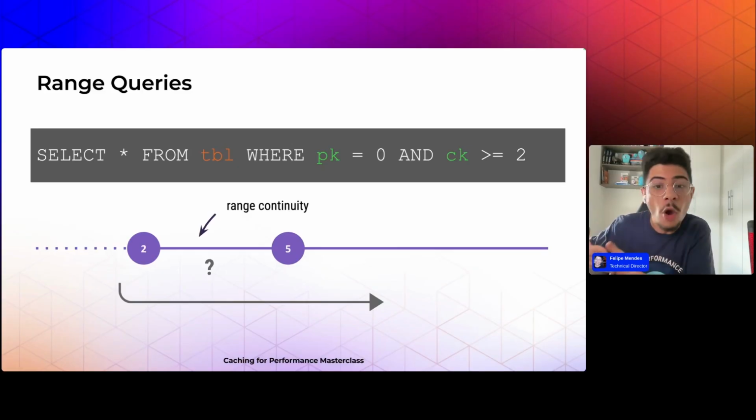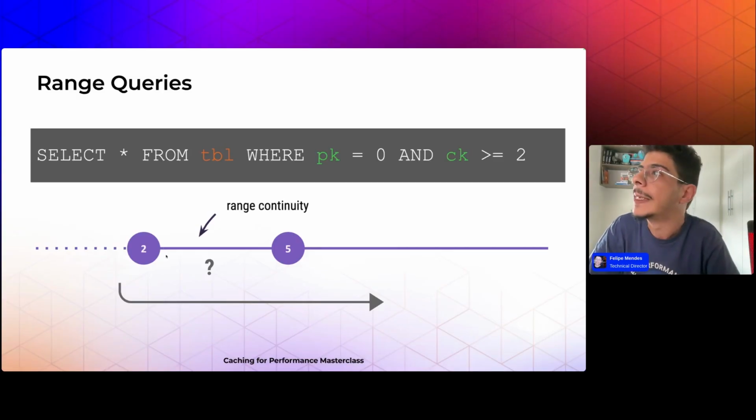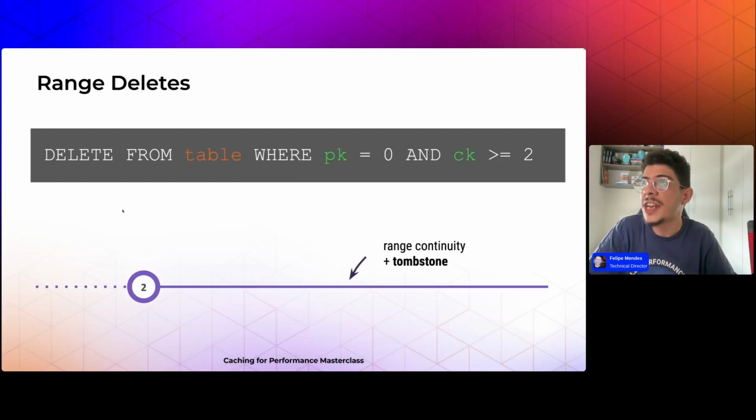If the range is incomplete, then we inevitably have to go to the disk so we can mark this range as complete.